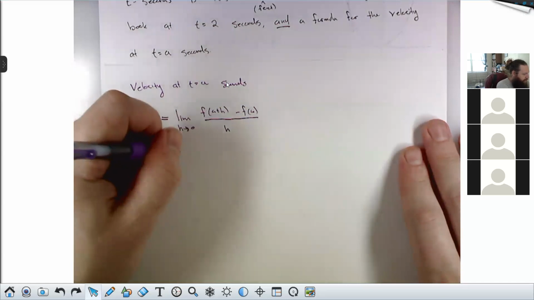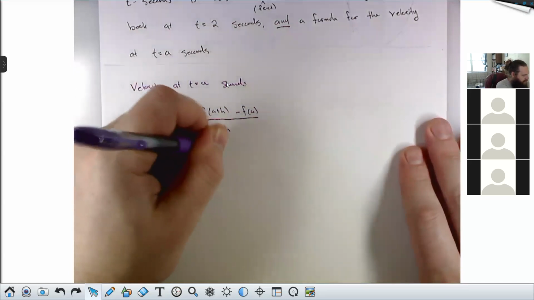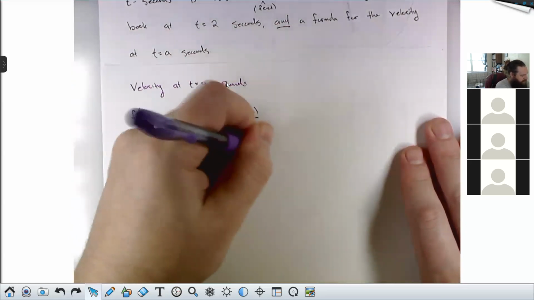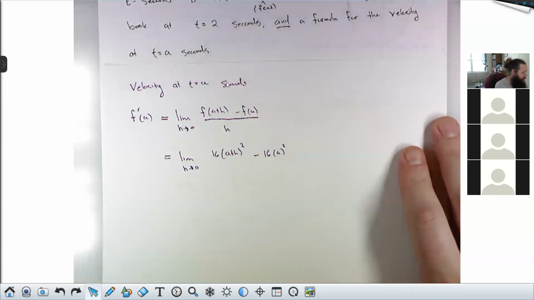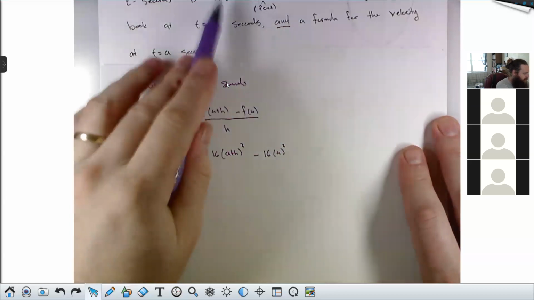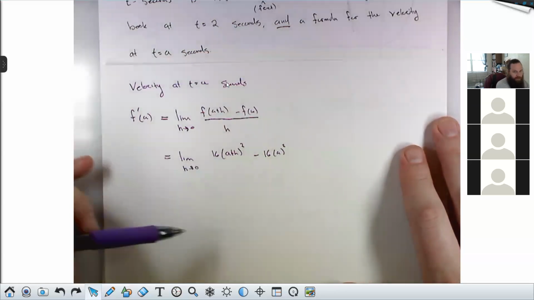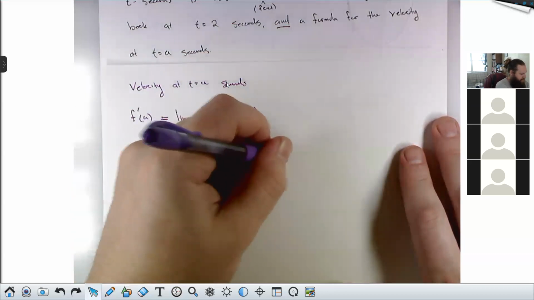which is the limit as h goes to 0 of 16 times a plus h squared minus 16 times a squared. Because what is f of t? It's 16 times t squared. So f of a plus h is 16 times that square. F of a is 16 times a squared.